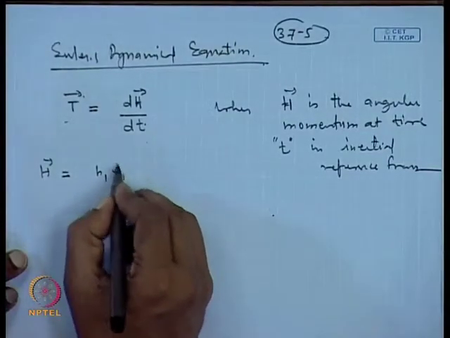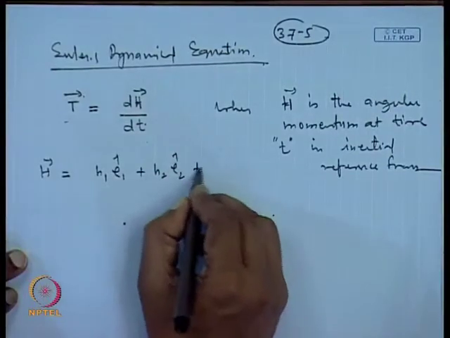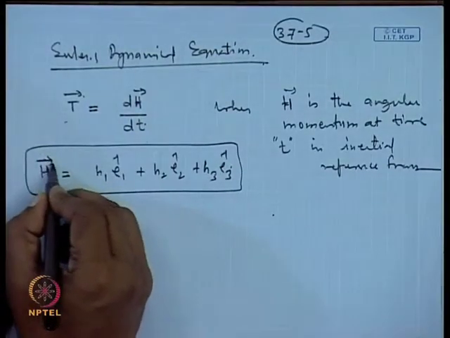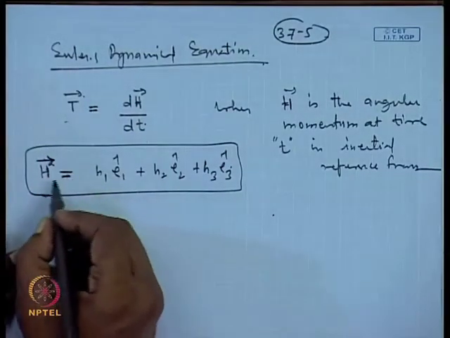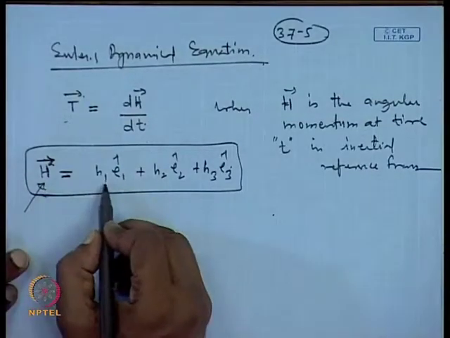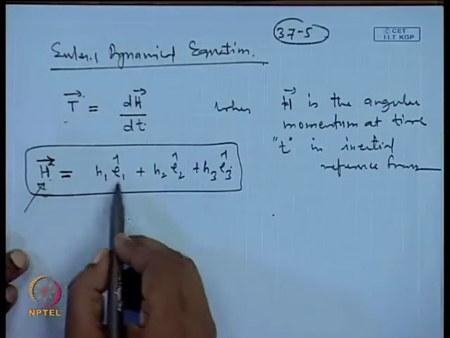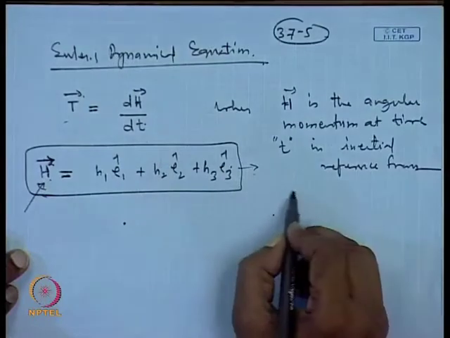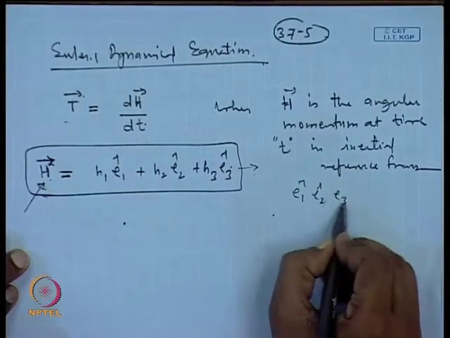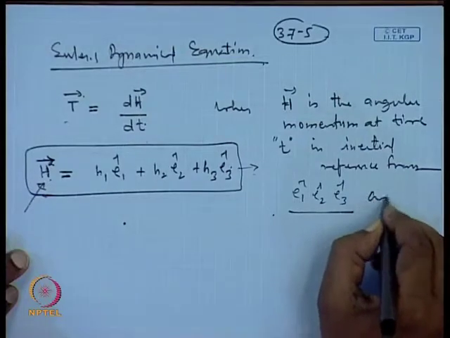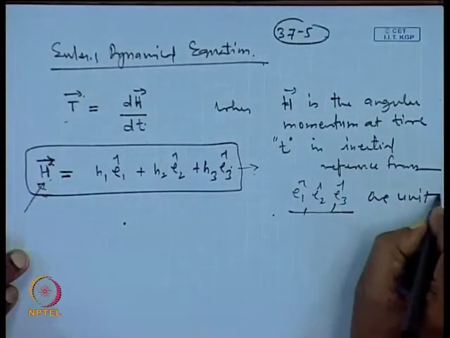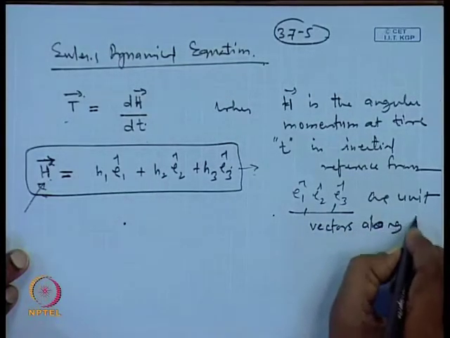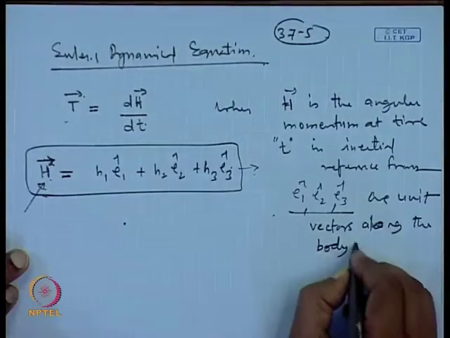So, this can be written as H1 E1 plus H2 E2 plus H3 E3. What we are doing here is that the angular momentum vector of the rigid body is in the inertial reference frame, but we can take the components of this angular momentum along the body axes. So, this is broken along the body axes, E1 cap, E2 cap and E3 cap, these are the unit vectors along the body axes.